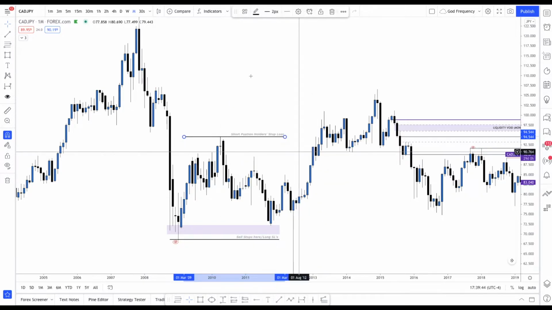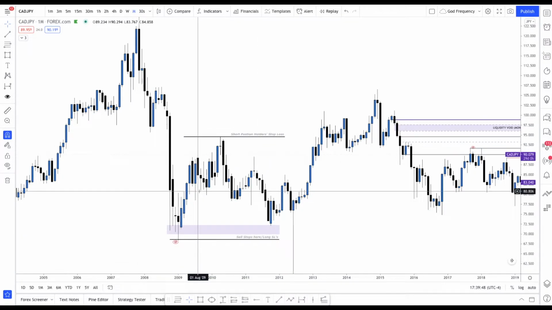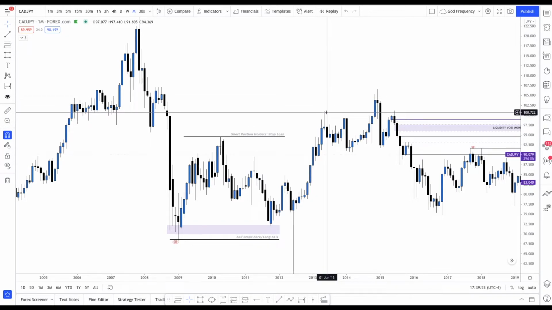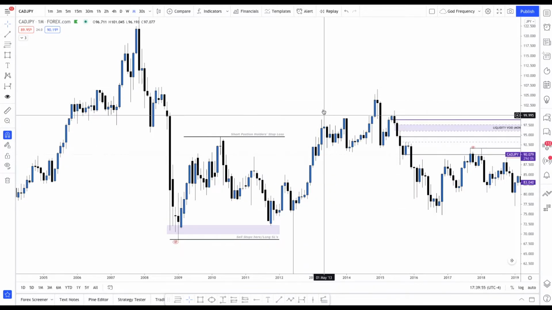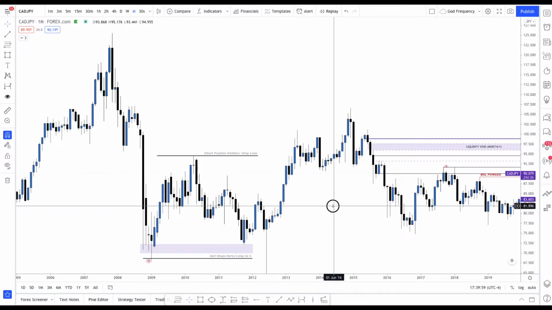You got their stop loss right here, right? Those guys who got activated down there, now they are getting stopped out, okay? They're getting stopped out.